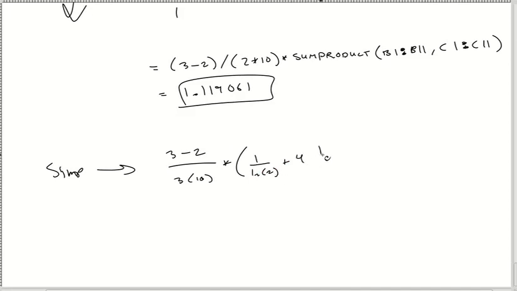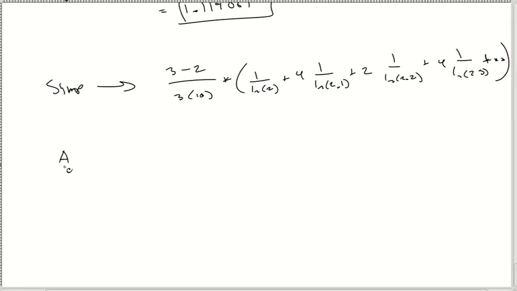You've got a 4 times 1 over ln of 2.1, and a 2 times 1 over ln of 2.2, and then a 4 times 1 over ln of 2.3, and so on, 4, 2, 4, 2, 4, 2, 4, 2, 4. Then a 1, and then you're done.